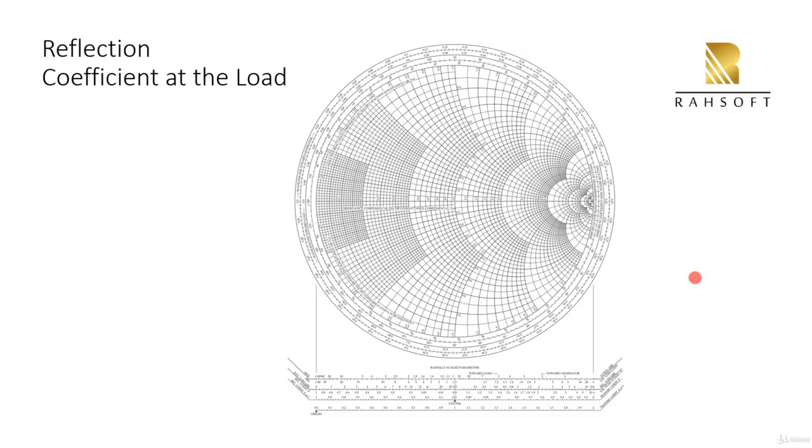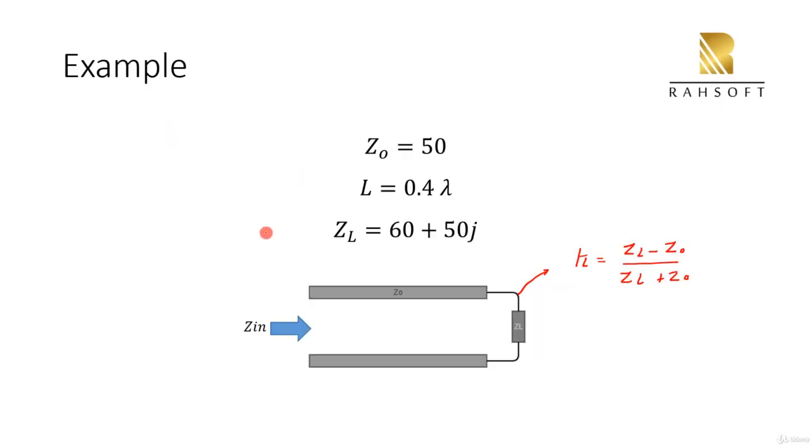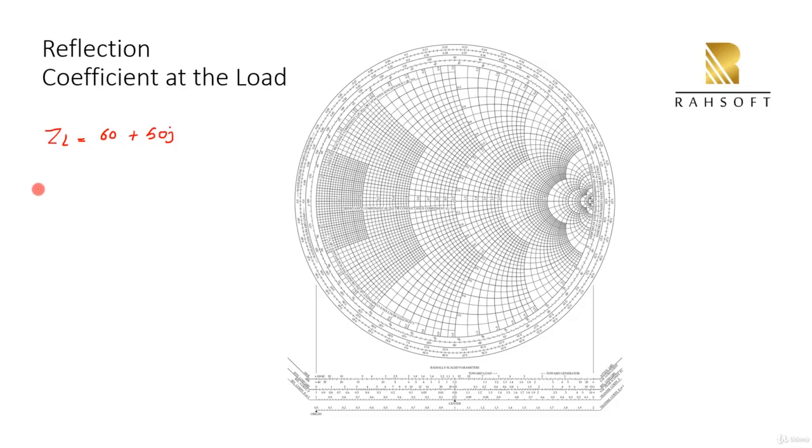So for the reflection coefficient at the load, first I have to normalize my impedance. We said that ZL is equal to 60 plus 50j. So the normalized impedance is going to be ZL over the characteristic impedance, which is 50, so it's going to be 1.2 plus j.